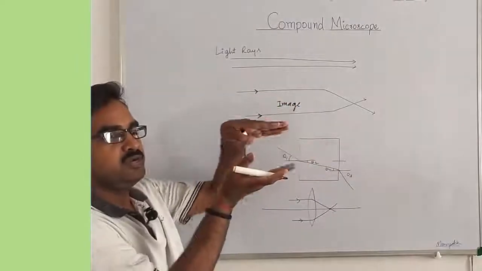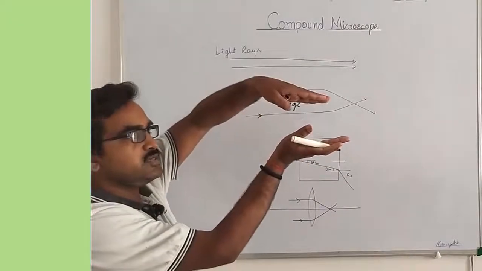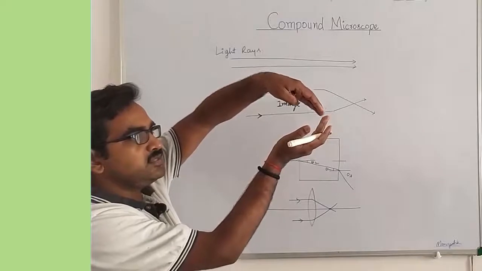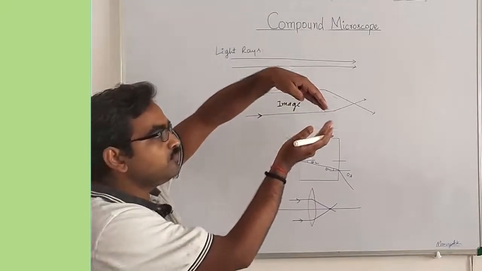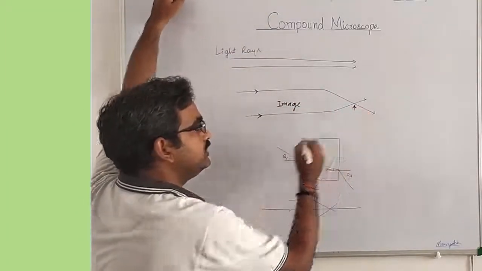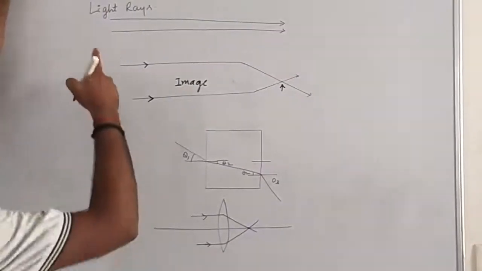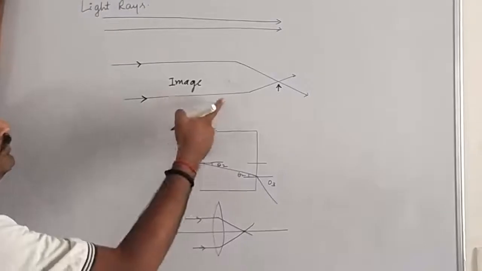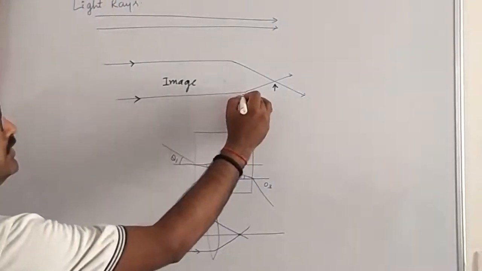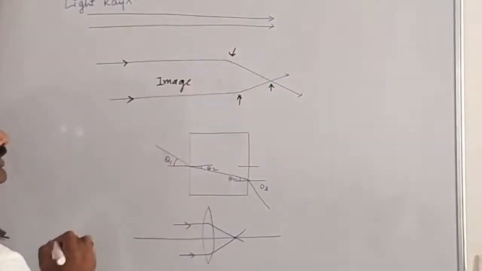Suppose these two lights are going straight. If they bend like this and cross each other or focus at a place, then there will be image formation. So we need bending of light.